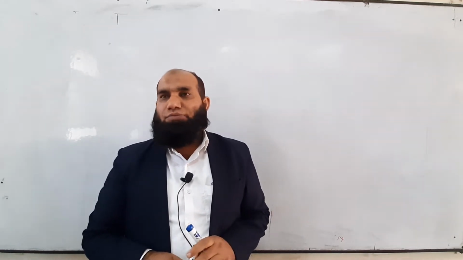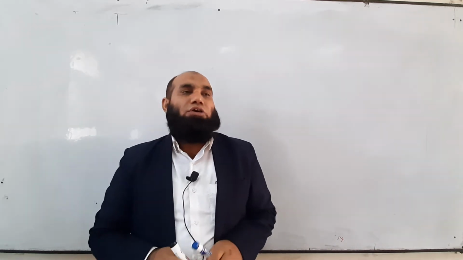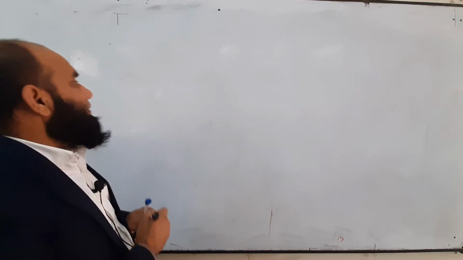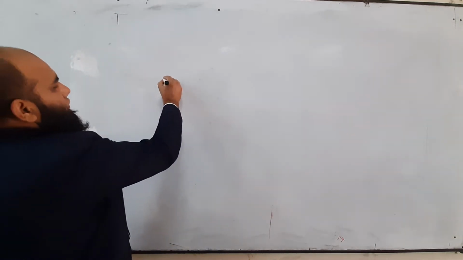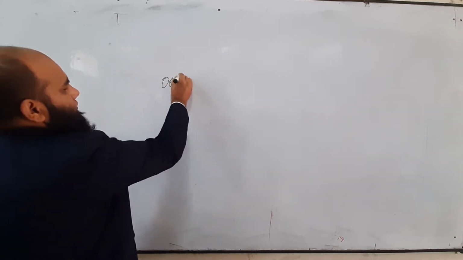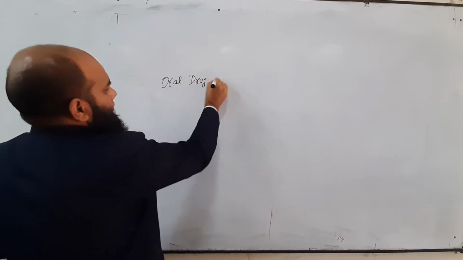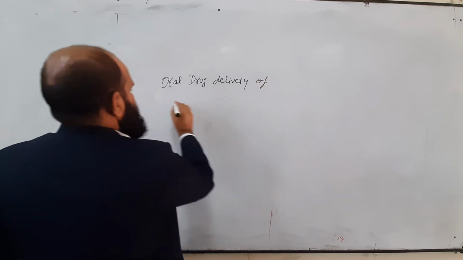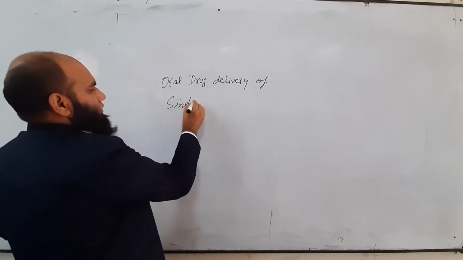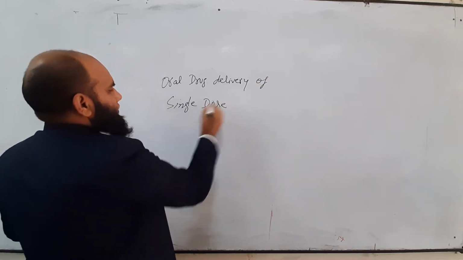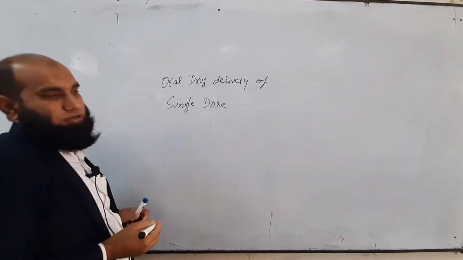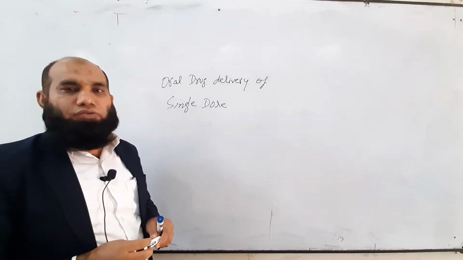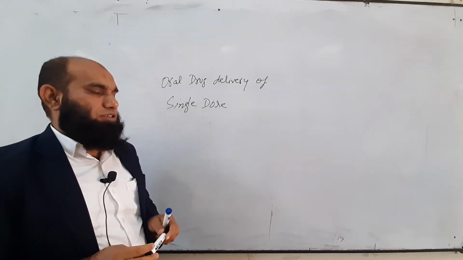We have started the chapter today. We will close this chapter of the oral drug delivery system, in which we studied oral drug delivery of a single dose having one compartment, the concept of the one compartment model following the first order rate constant.